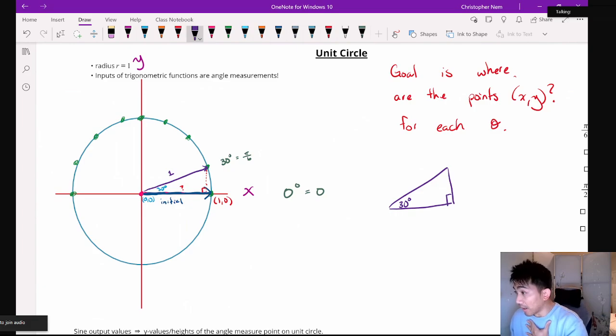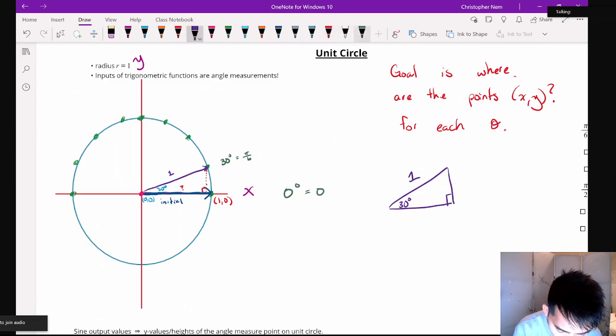That's the one we care about. We need to find x and y values for it. Well, the only information I have on this right triangle is that the angle is 30 degrees, it's a right triangle, and the hypotenuse is the radius of the circle. So that is 1. Now if you notice, this is a 30, 60, 90 right triangle. So we can now use our 30, 60, 90 rule.